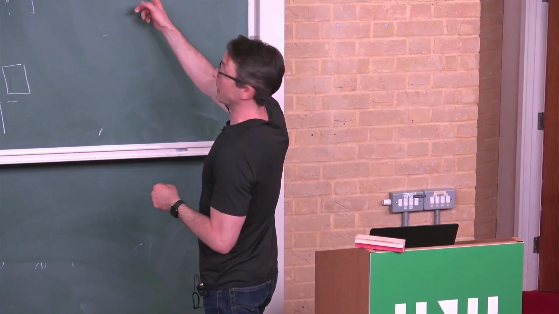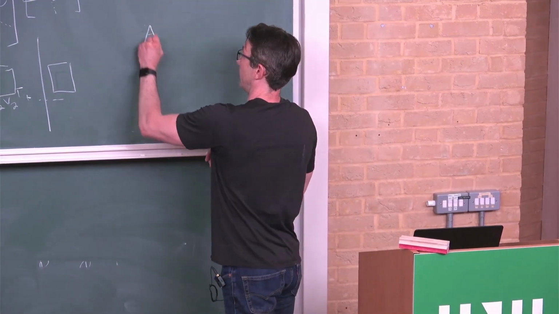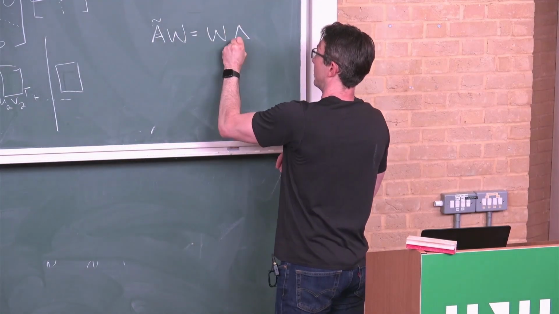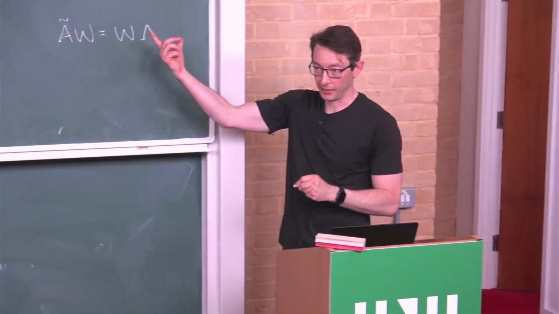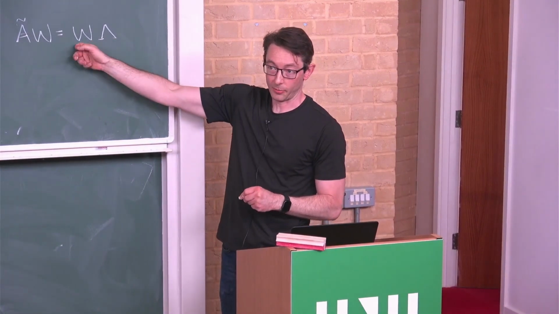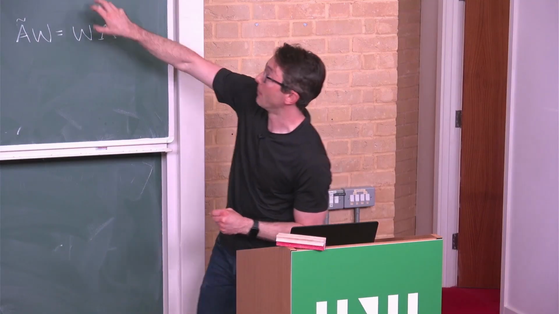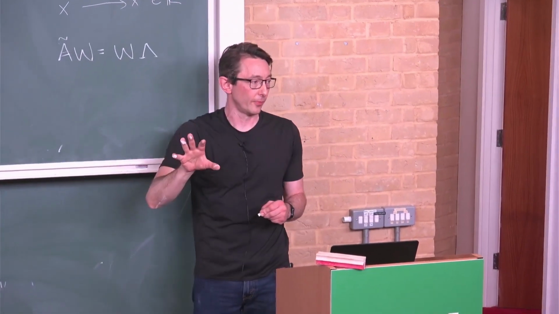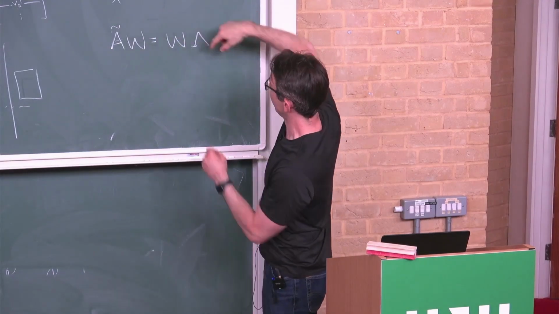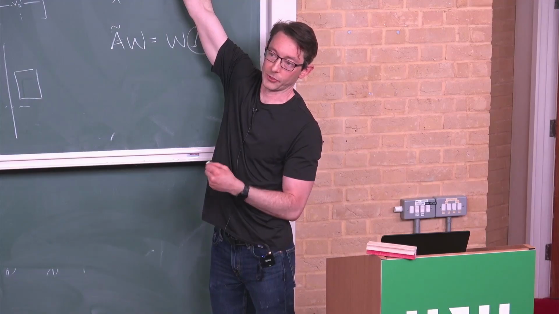I compute the eigendecomposition of this, A tilde W equals W lambda. This is, again, R eigenvalues and R by R eigenvectors. These are the frequencies that are dominant even in this matrix. So there's a proof Jonathan too wrote down, that these eigenvalues are also eigenvalues of this big A matrix, which is cool.